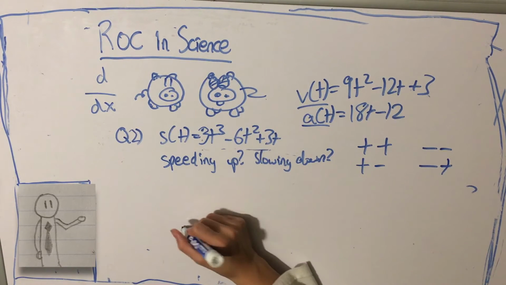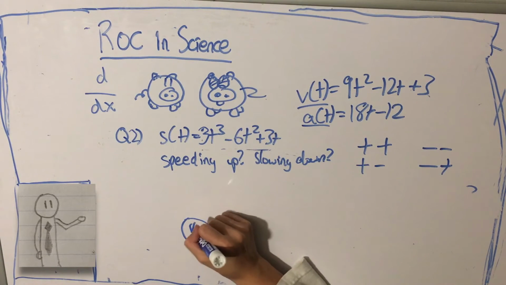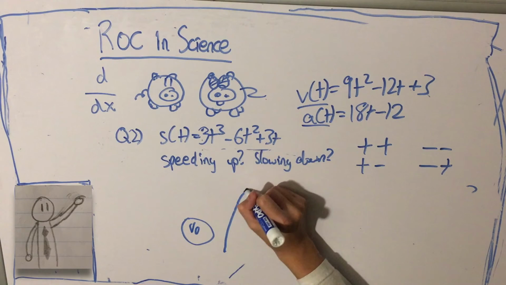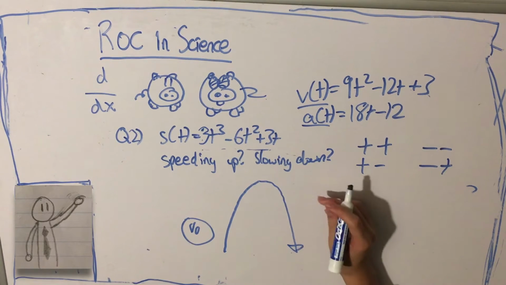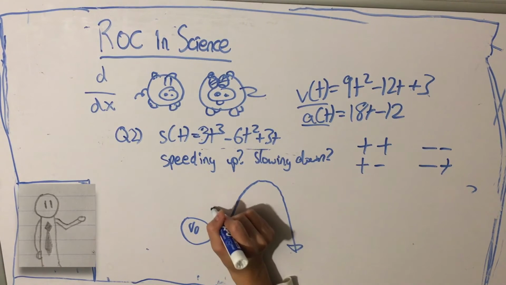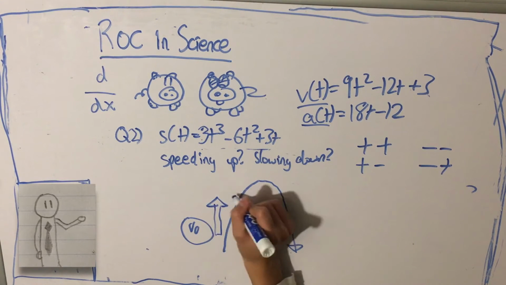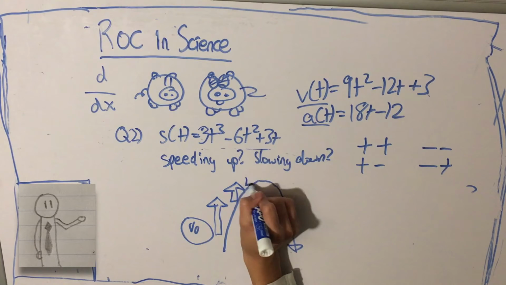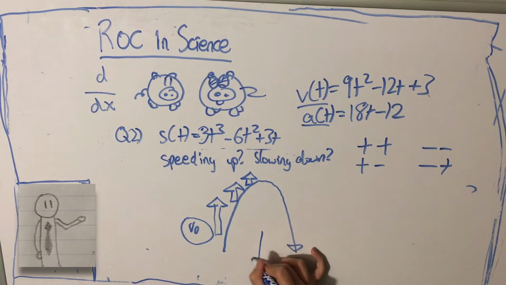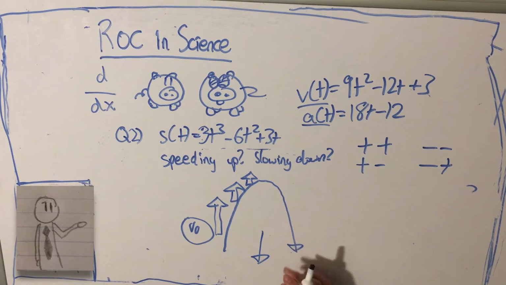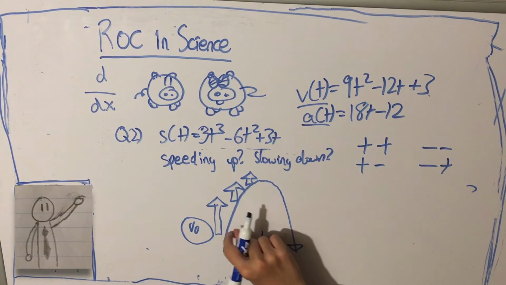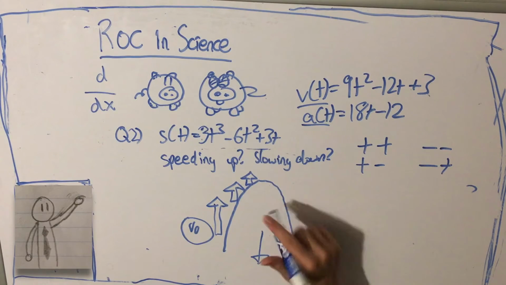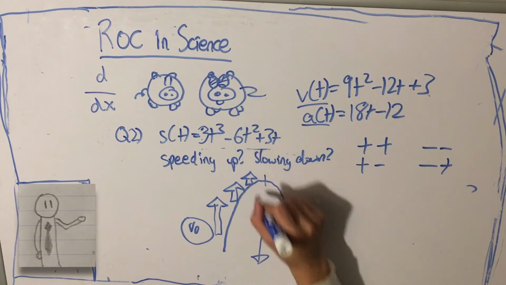Let's take a simple example, like a bouncy ball. Its trajectory should look something like this. Initially, the speed is very large, but as time goes on, it slows down as a result of the opposite direction acceleration. Acceleration is always going down in this case, and the ball's velocity is up, so it's slowing down as it goes up.